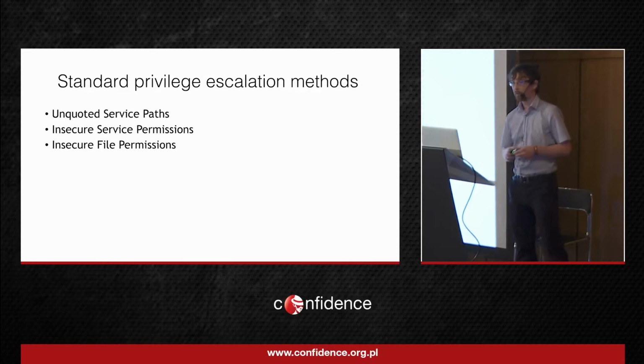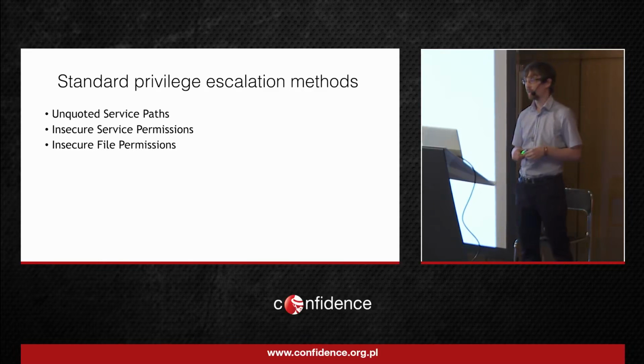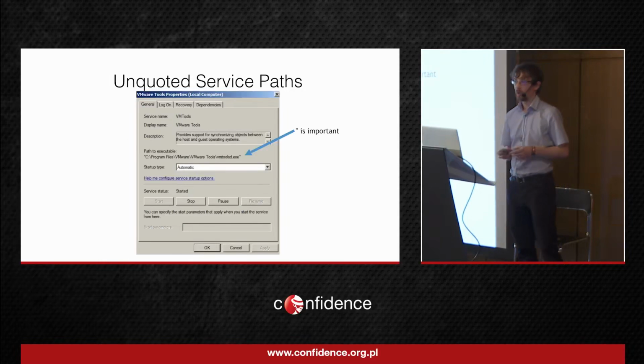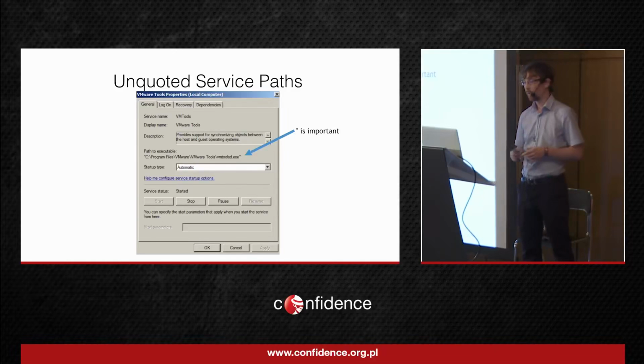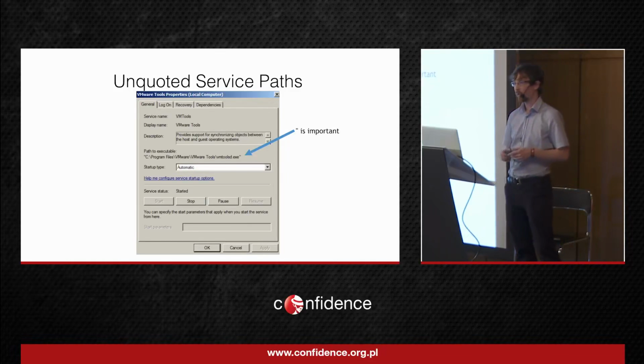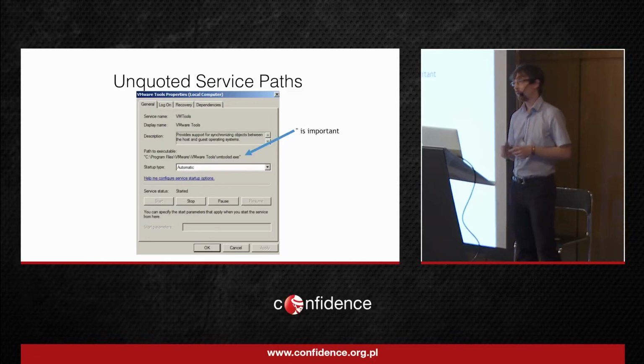When you are doing pen tests, there are a few standard methods of privilege escalation. The first one: when you check service details using the graphical interface, you see something called path to executable. That's the path that will be executed when the service is started. Here, this path is enclosed in double quotes on both sides.